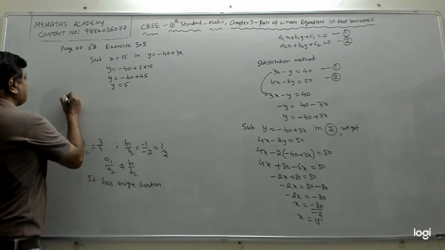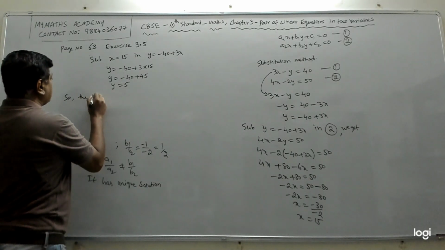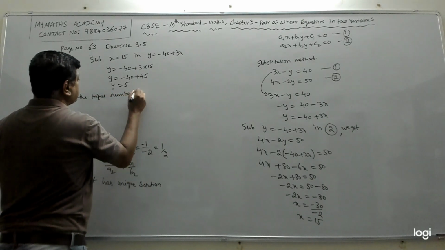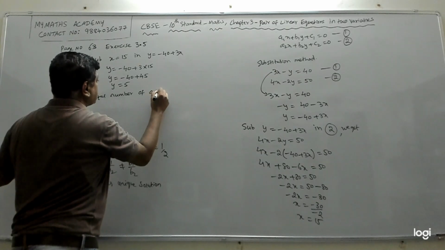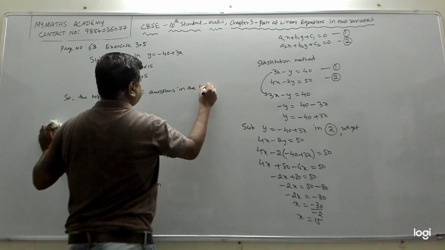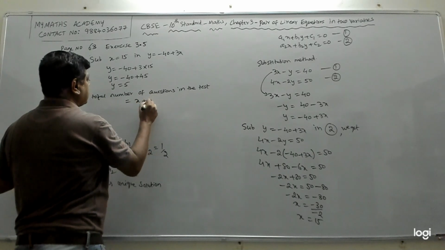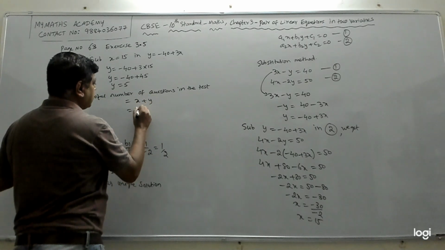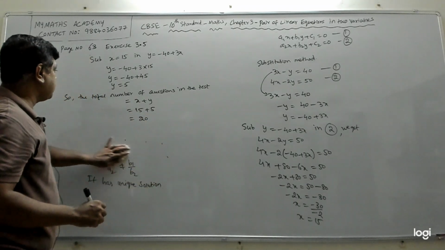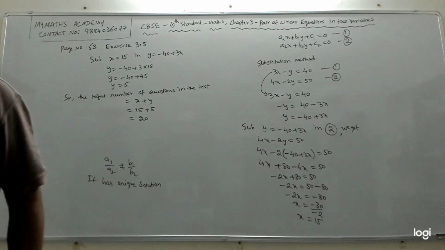So the total number of questions in the test is equal to x plus y, that is equal to 15 plus 5, which is 20. So that is the answer. Clear?